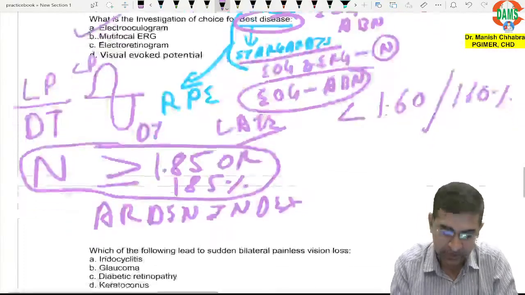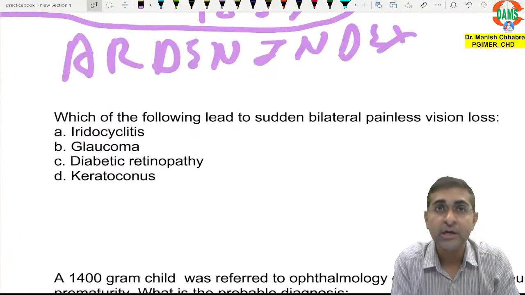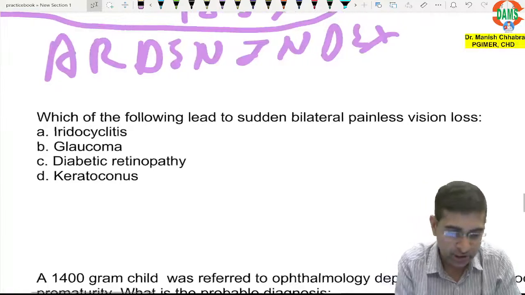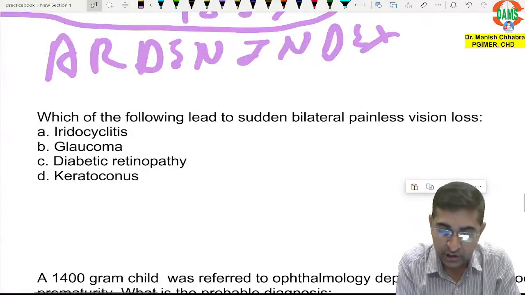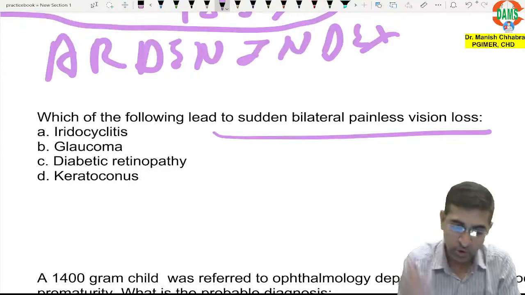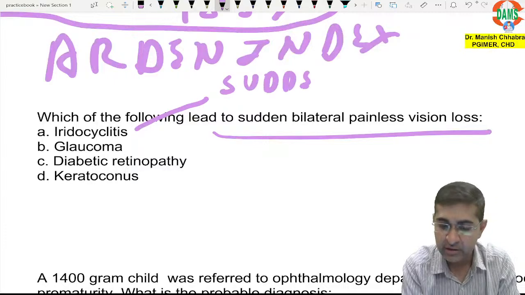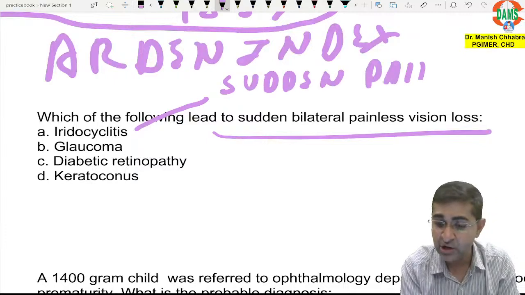Okay, all right. Now coming over to the next question. Which of the following leads to sudden bilateral painless loss of vision? So iridocyclitis is sudden painful loss of vision.